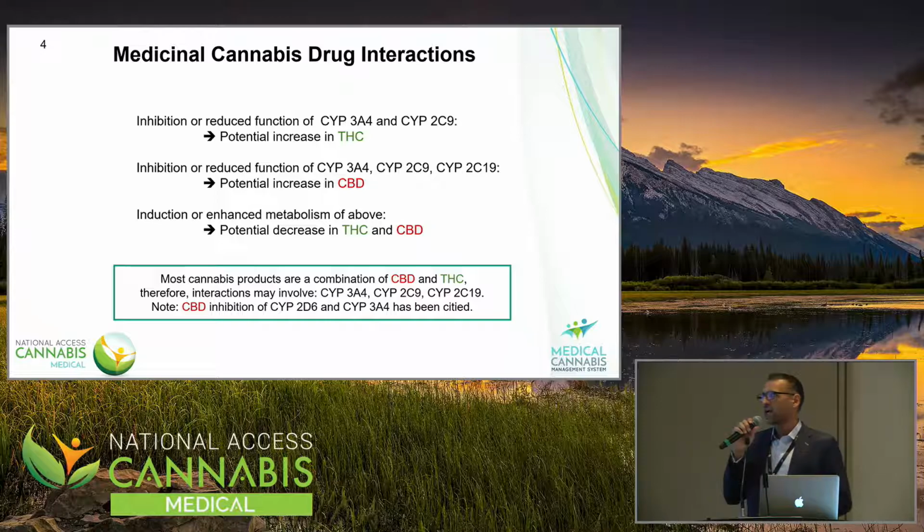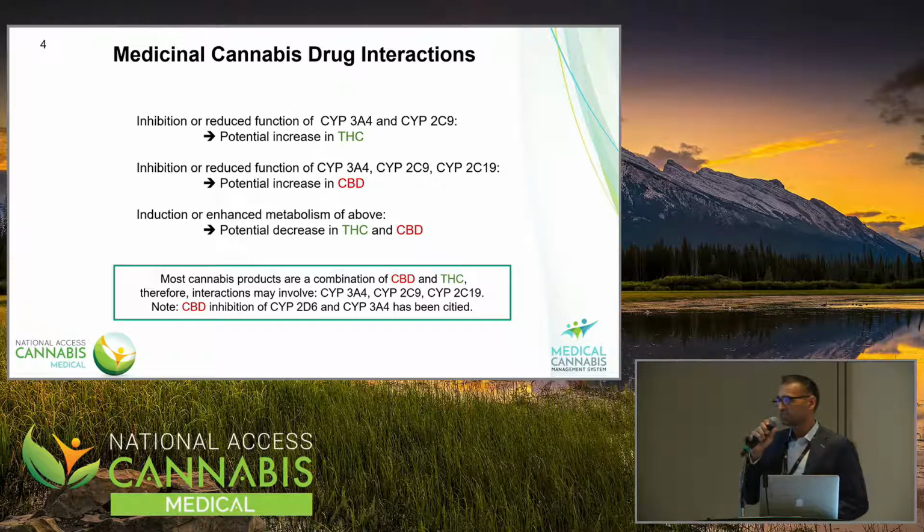You can have induction or enhanced metabolism of the above, and then you will get a decrease in THC and CBD. So it basically means that these enzymes are being ramped up. There's more metabolism through, THC and CBD are processed faster, excreted faster, and you have a drop in both of those.